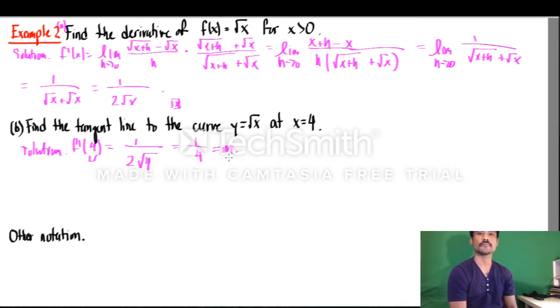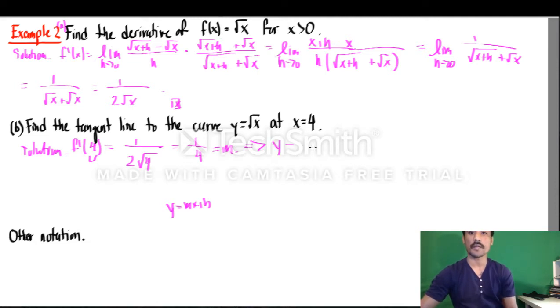Now our end result is going to be y equals mx plus b. So we found that, and so maybe we'll use point slope form of a linear equation.